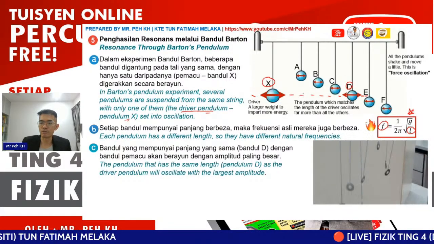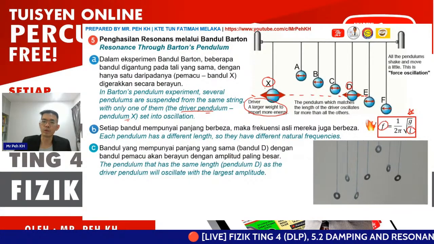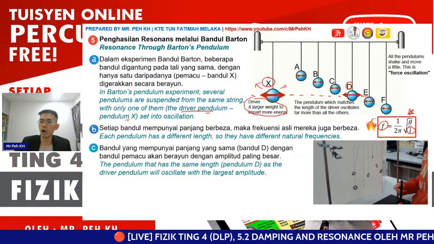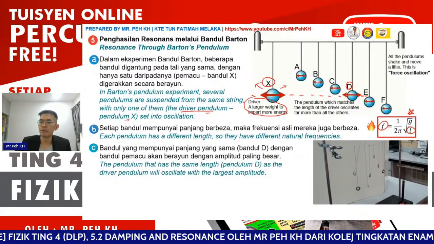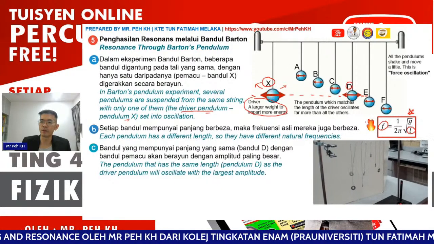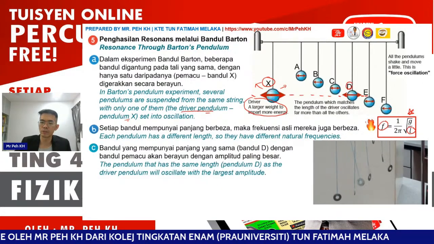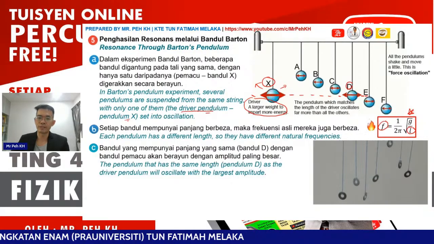Okay, so you can look at this figure now. When the driver starts to swing, all the pendulums will shake and move a little. All of the pendulums here we know as forced oscillation because they are forced to oscillate by the driver.